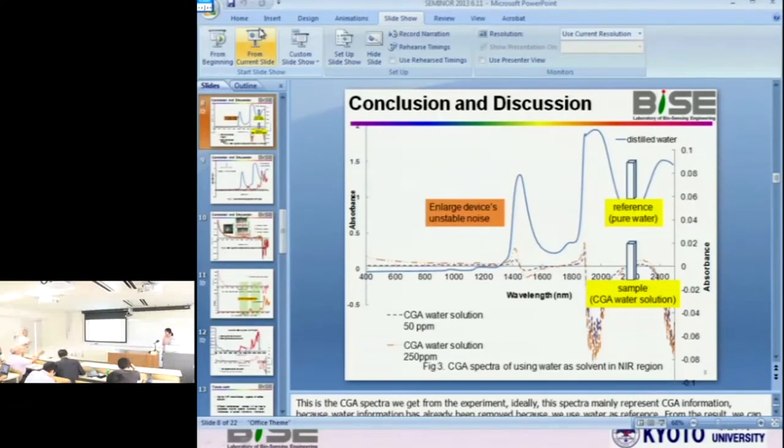In theory, if you are subtracting your reference from your sample, and both are the same, it should be flat. Yes. But because the device maybe contains noise, so it's related to the quality of the cells, or maybe the light source is unstable.